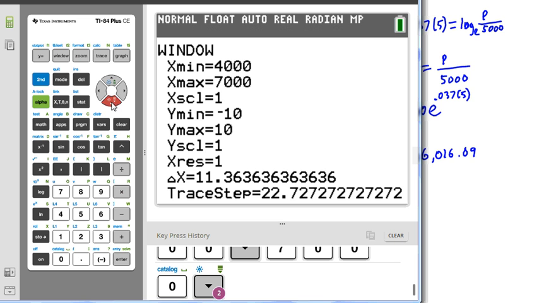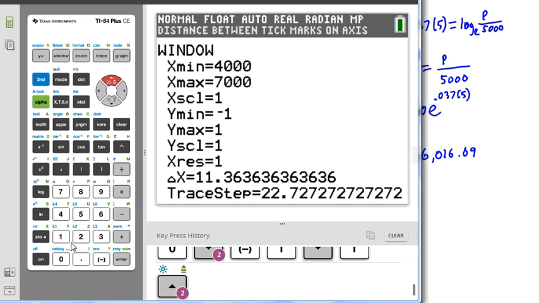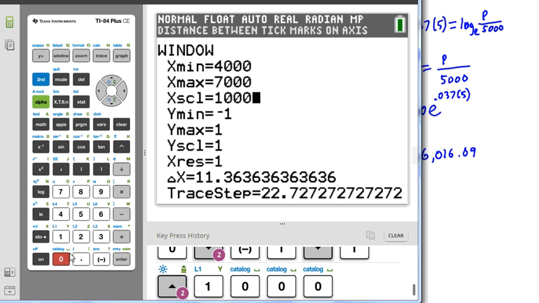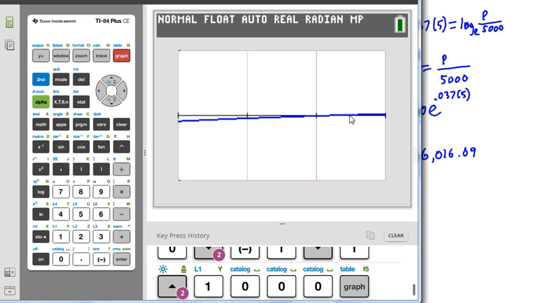I'm going to change the y scale to -1, 1, and the x scale to 1,000. And then if we graph, we see where the graph crosses the x-axis. It's going to be 4, 5, 6 something.